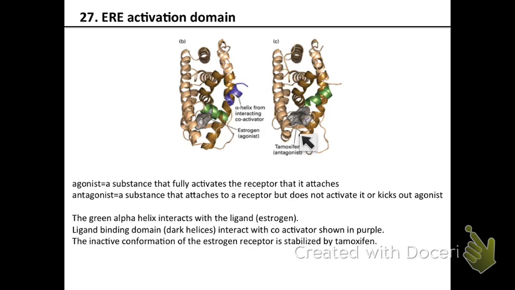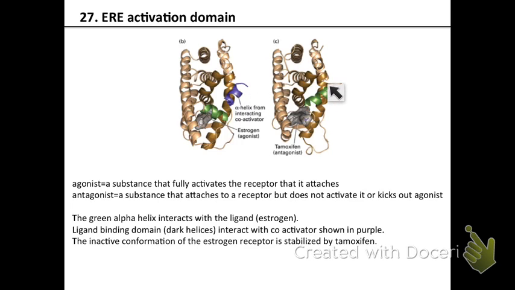Now we look at the same estrogen receptor structure in the presence of an antagonist, which is a substance that attaches to the receptor but does not activate it or kicks out the agonist. So when the tamoxifen is actually bound to the estrogen receptor, what it does is it shifts the position of this alpha helix so that it covers the place where normally would interact with the coactivator.